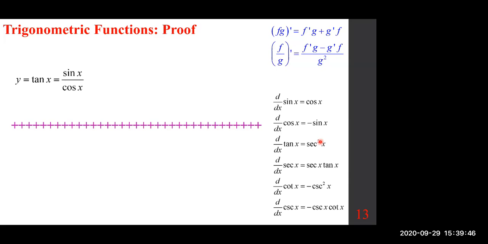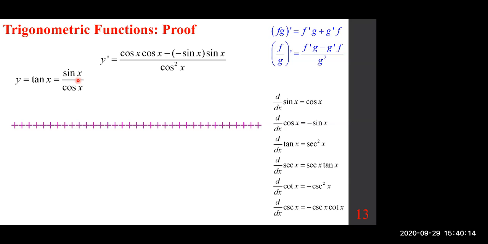How do we do that? Quotient rule. Quotient rule says f prime g minus g prime f over g squared. F is the sine function. The derivative of sine is cosine times the bottom cosine, minus g prime, the derivative of cosine, which is negative sine, times the top. So minus negative sine times sine.